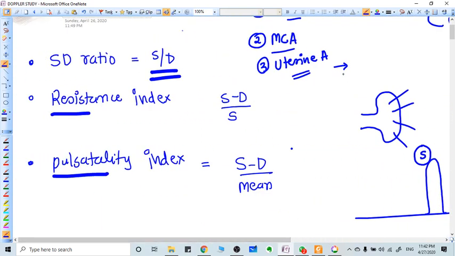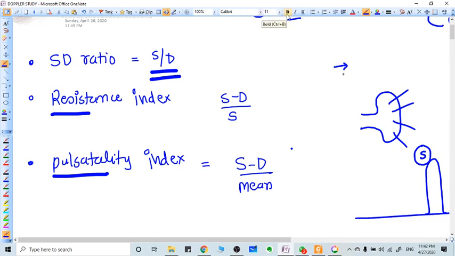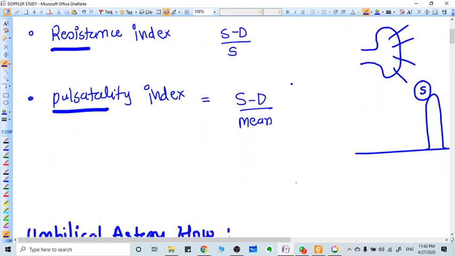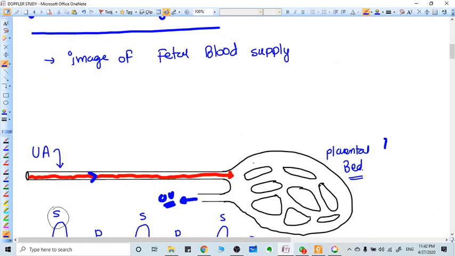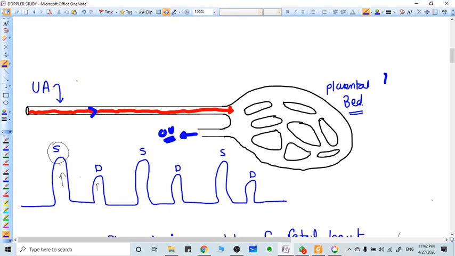For example, if we take the uterine artery, sorry, umbilical artery, my fault, umbilical artery. Now everyone knows that the umbilical artery comes from the fetus. So for example, this is the umbilical artery. The blood in the umbilical artery comes from where?